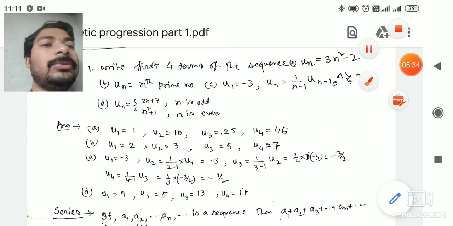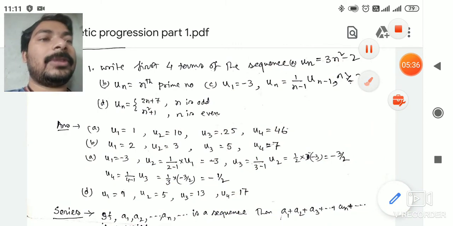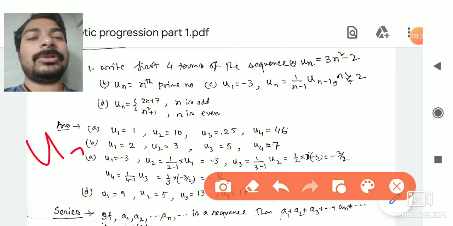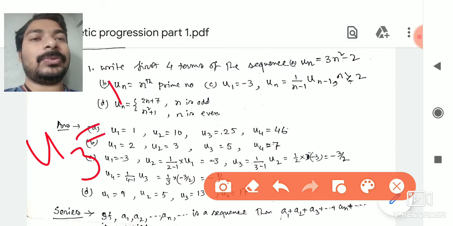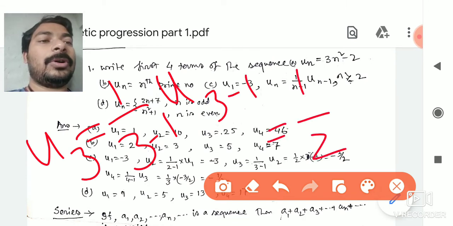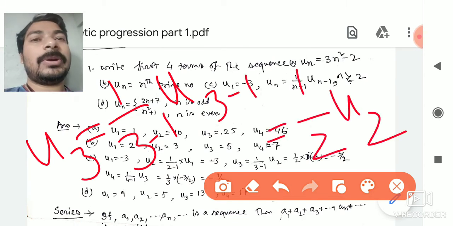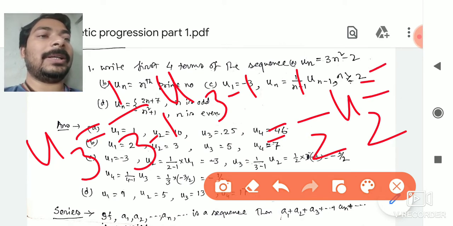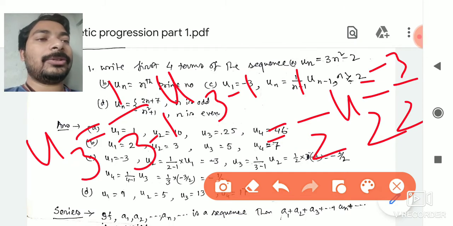Now if you want to calculate u3, we put n equal to 3, and that is 1 by 3 minus 1 into u3 minus 1. So it is half of u2. u2 you have already calculated, that is minus 3. So put minus 3 here, and you get minus 3 by 2, and so on you can calculate.